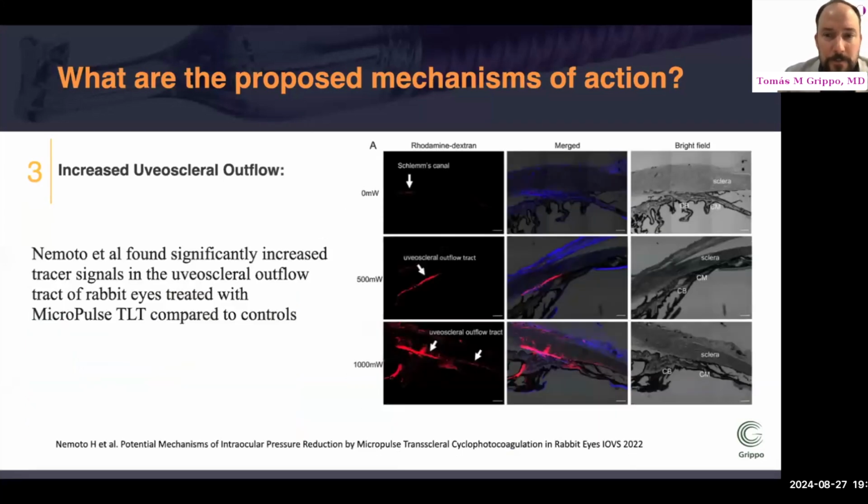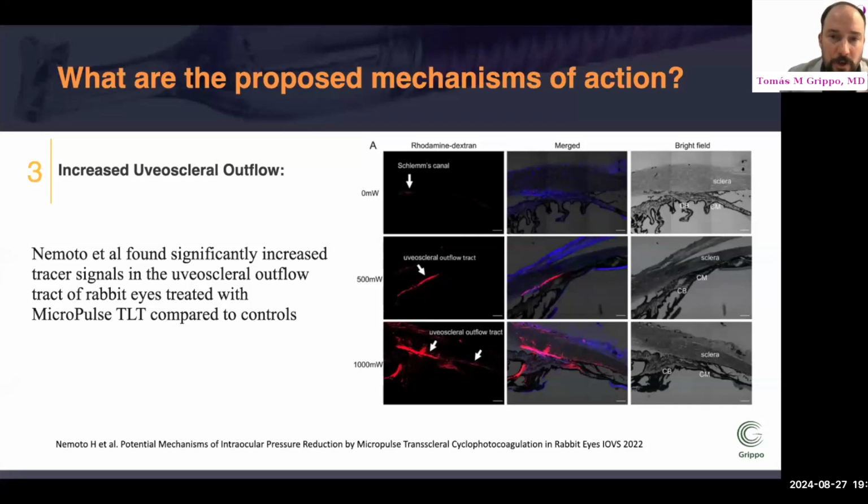And the third suggested mechanism is increased uveoscleral outflow. And this is supported by both some basic science publications and also some clinical work, which I'll be showing now. On the basic science side, Nemoto and colleagues also worked on rabbit eyes. They performed MicroPulse TLT on those eyes, and a week after, enucleated the eyes and did significant histologic analysis.